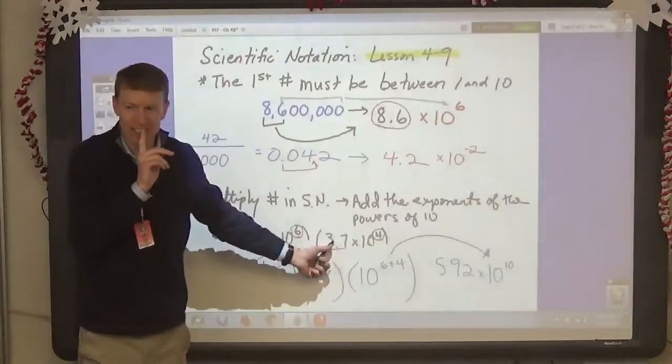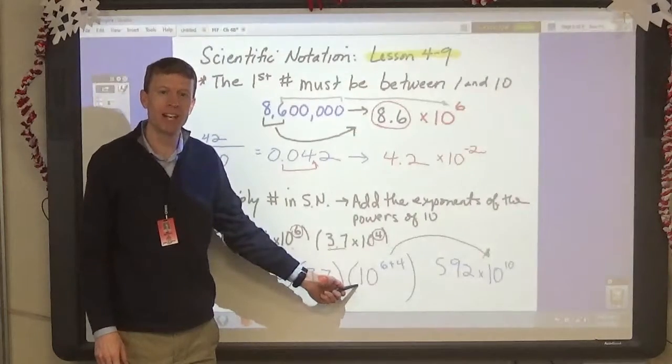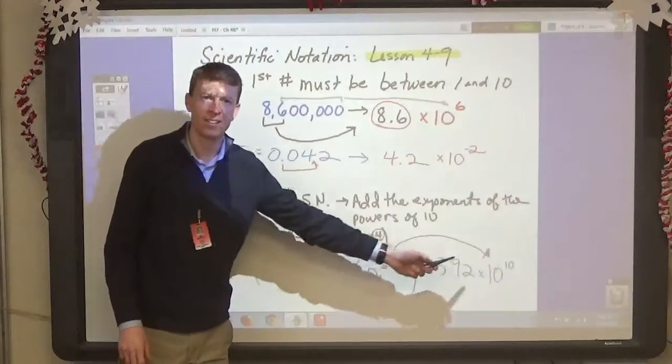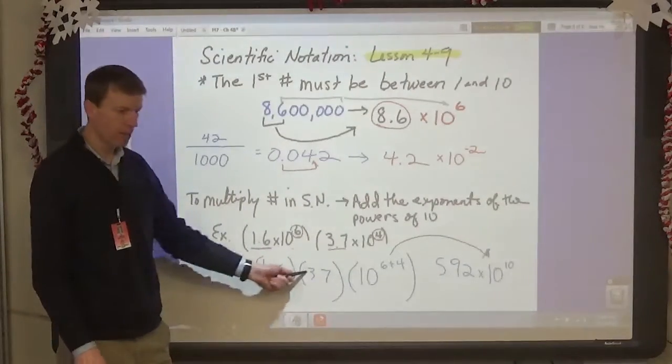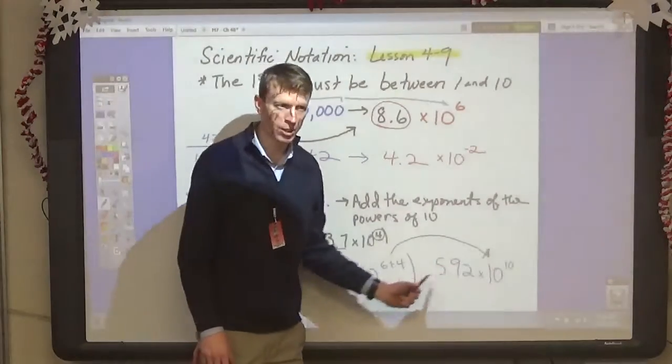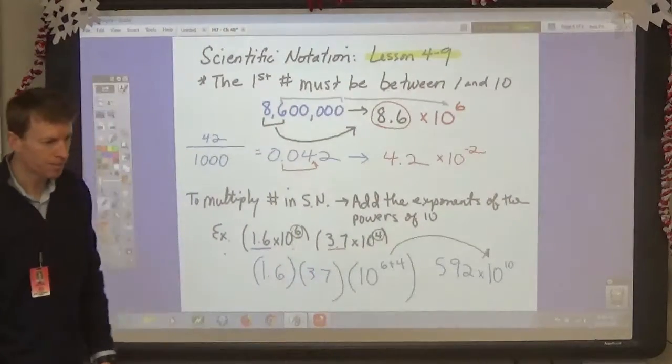Okay? Listen. 10 to the 6th times 10 to the 4th. 10 to the 10th. So you multiply the numbers and then multiply the powers of 10 and write the answer. Okay?